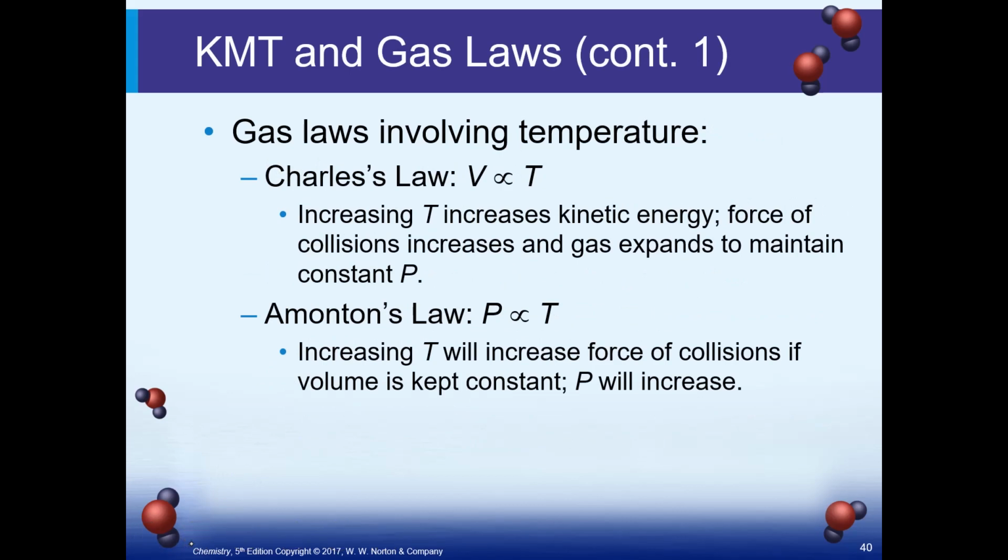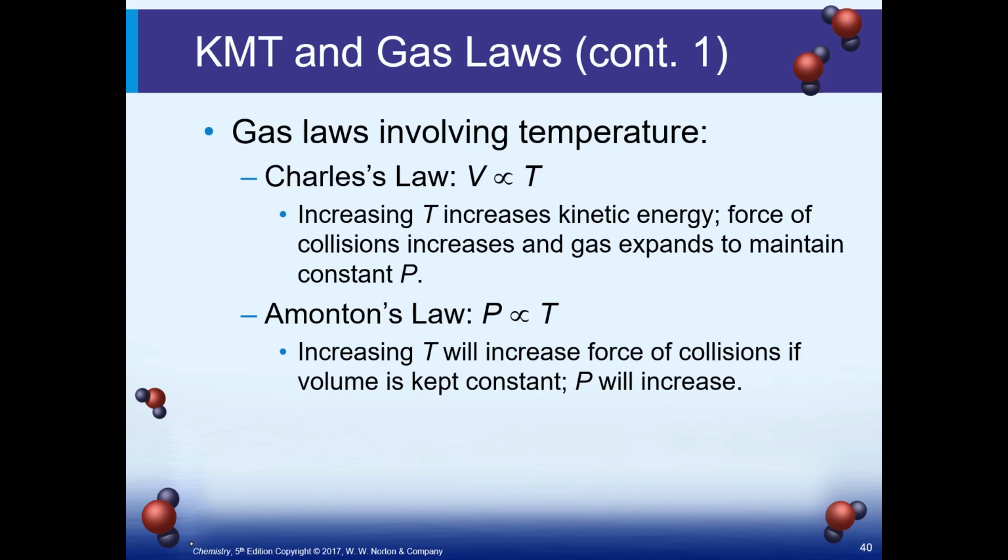Charles's law tells us that volume is proportional to temperature. If we increase the temperature, we increase the kinetic energy, which means particles are going to hit against the side of the container harder and more often. So if we're going to keep a constant pressure, then we've got to increase the volume.